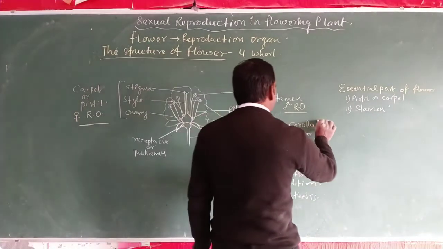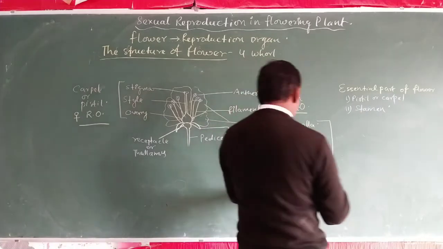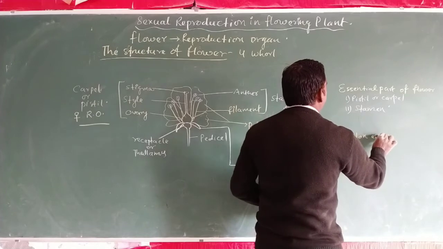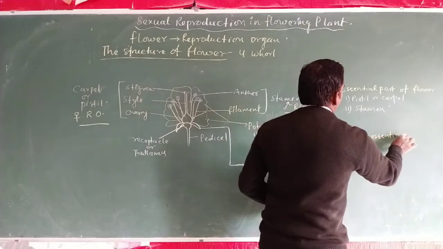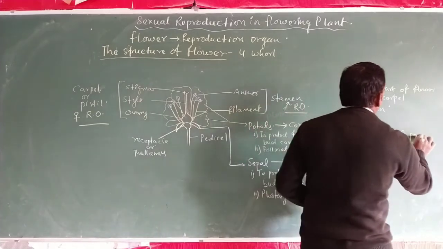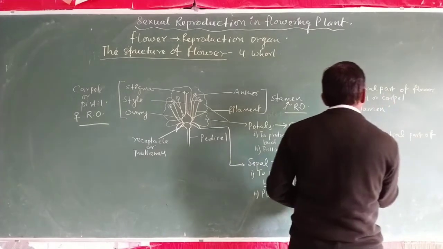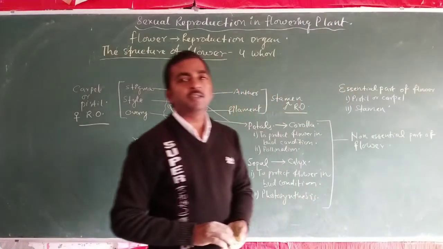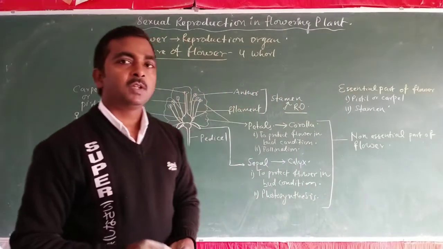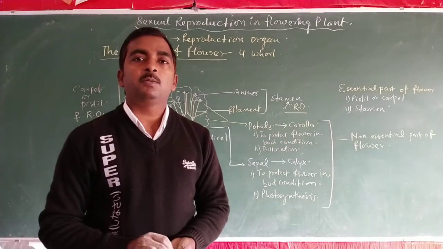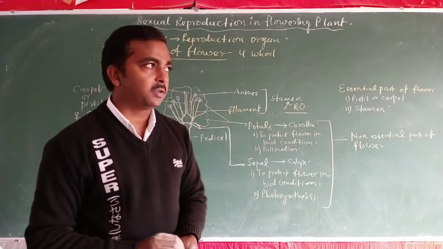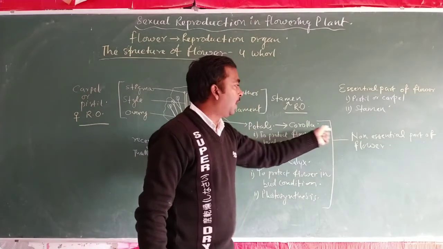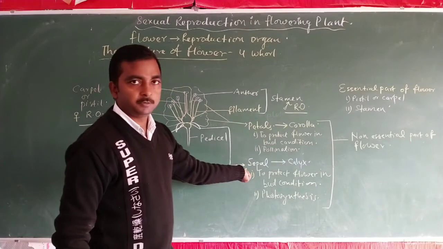So petals and sepals together make the non-essential part of the flower. They are called non-essential because the main function of the flower is sexual reproduction, and during sexual reproduction there is directly no role of petals and sepals.